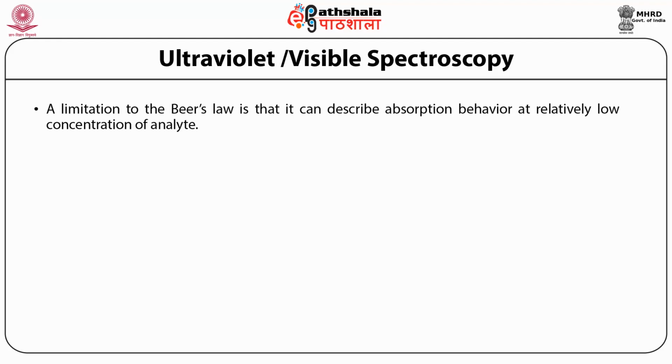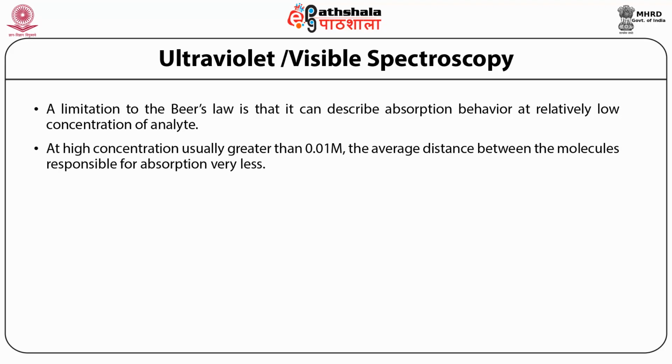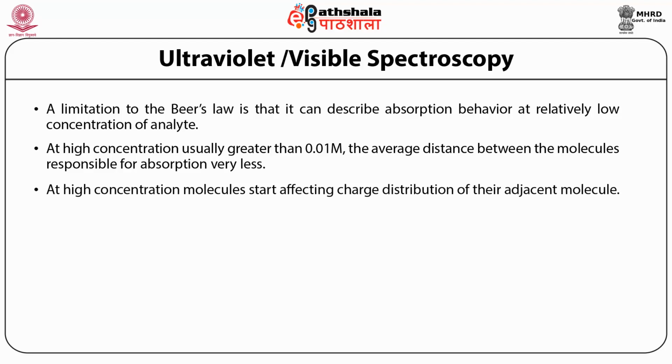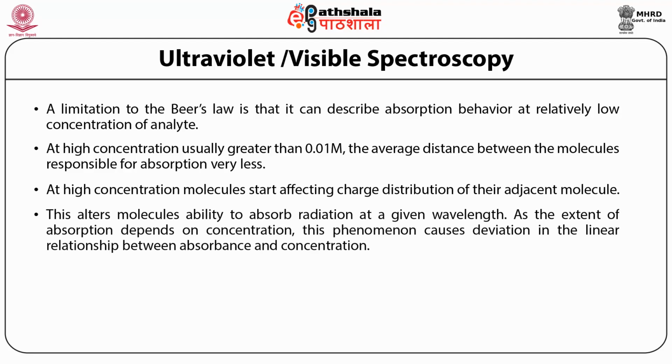A limit to the Beer's law is that it can describe absorption behavior only at relatively low concentration of analyte. At high concentration, usually greater than 0.01 molar, the average distance between the molecules responsible for absorption is very small. At high concentration, the molecules start affecting the charge distribution of their adjacent molecules. This alters the molecules' ability to absorb radiation at a given wavelength.